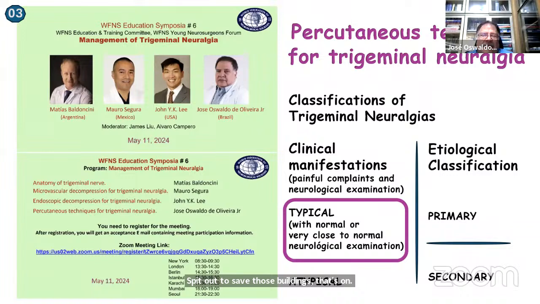Also, for the percutaneous techniques for the treatment of trigeminal neuralgia that we adopt in our practice, it is important that we define the disease that we try to mitigate with percutaneous techniques. We will adopt the clinical classification of trigeminal neuralgia: typical, secondary, or primary.